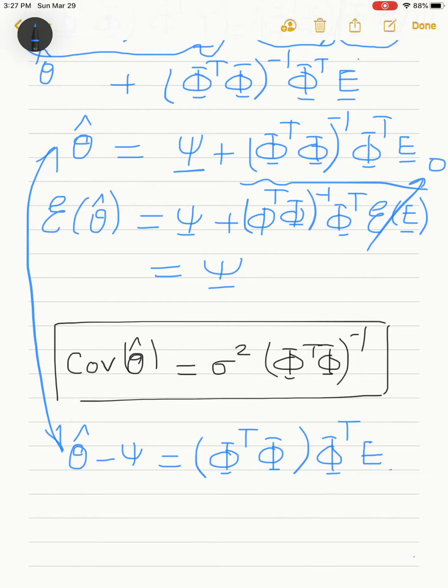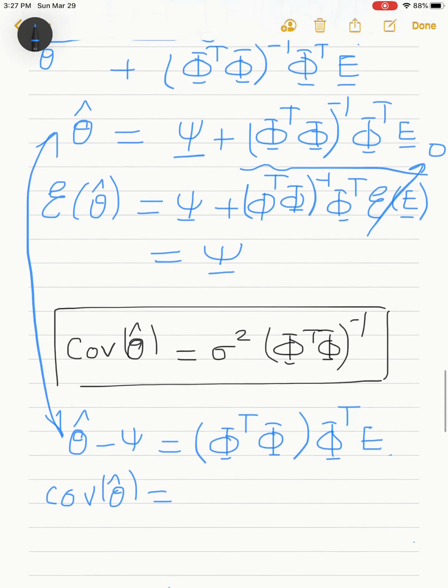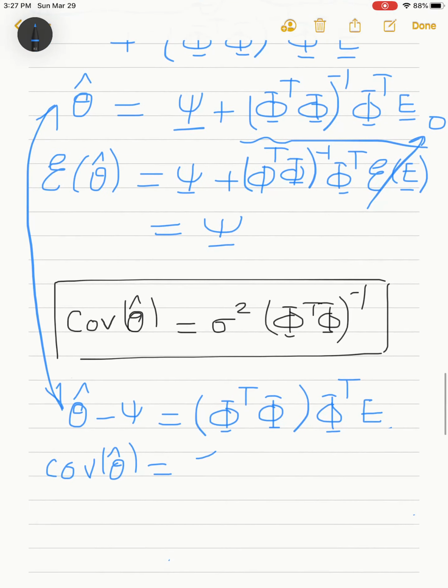So the covariance of theta hat would be just the expected value of theta hat minus psi times theta hat minus psi transpose. This is the definition of the covariance.